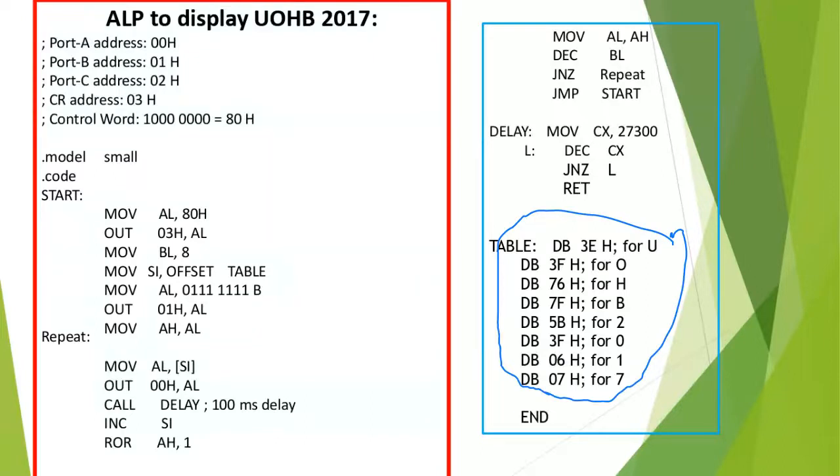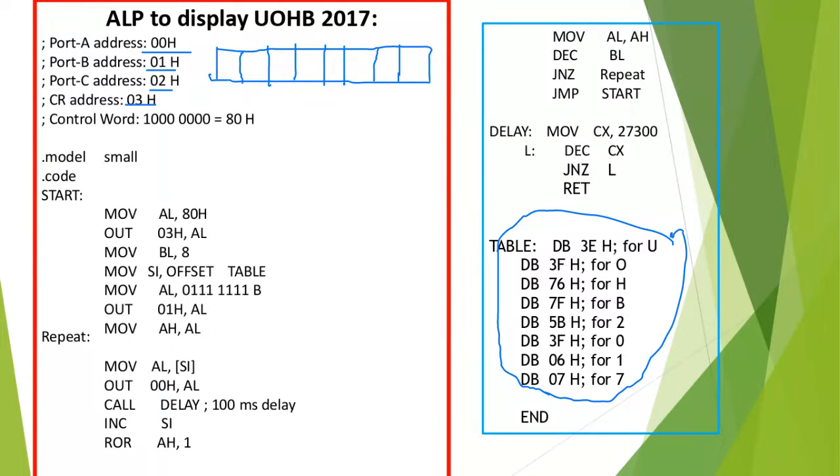And what are the addresses? For example, addresses are given here: 00, 01, 02, 03. And what is the control word? This is the 8-bit control word, and here port A and port B are used, and both are output ports. You can see both are output ports.